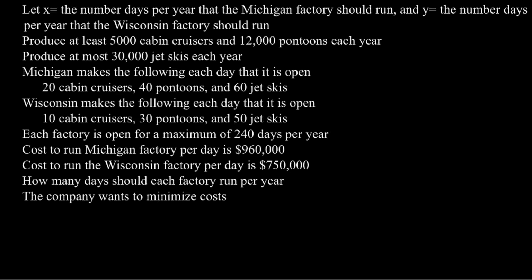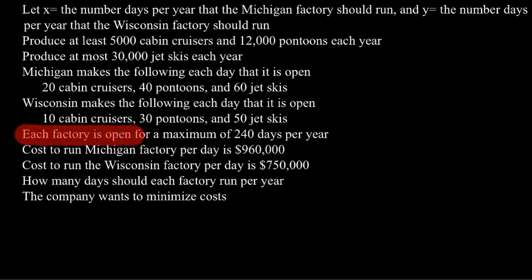All right, so we're going to start off by noticing that the number of days per year that the Michigan factory should run is X, and the number of days per year that the Wisconsin factory should run is Y. And I see that they can run at most 240 days per year, right there.